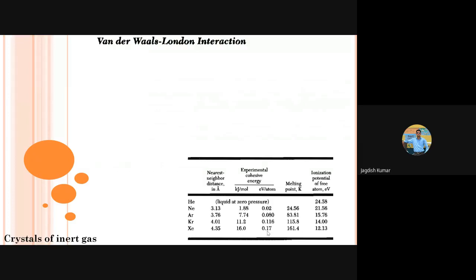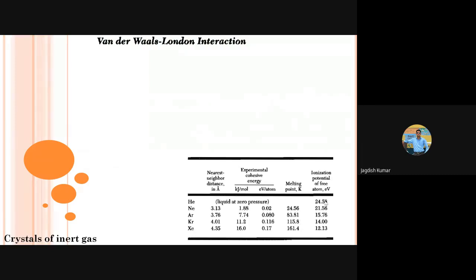Now our objective is to explain all these trends. How can our model, or whatever we are going to study now, be used to explain these trends? Why is it happening this way? Melting points also, if you notice, are smallest for this one, higher, and highest for xenon.